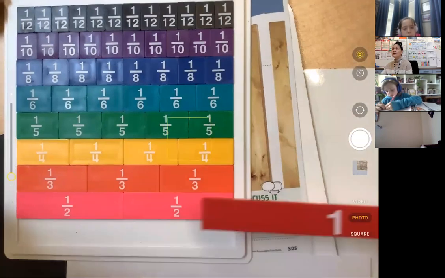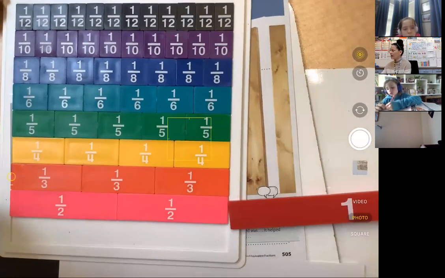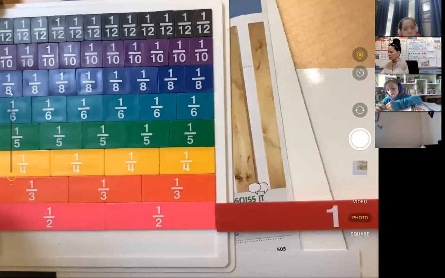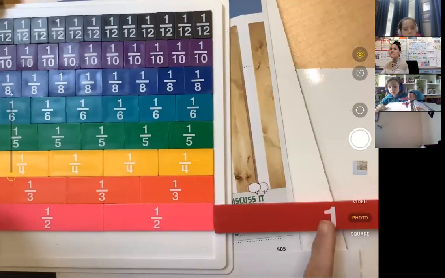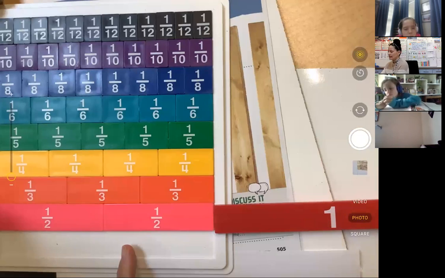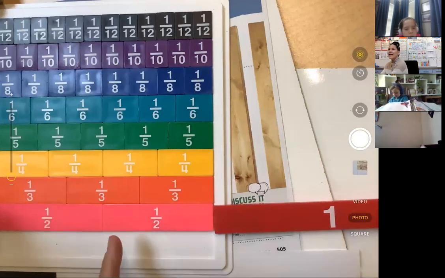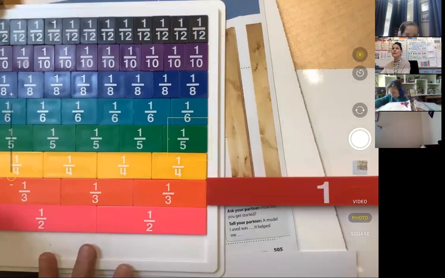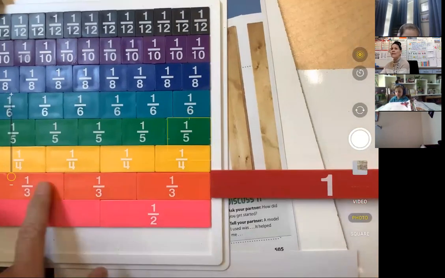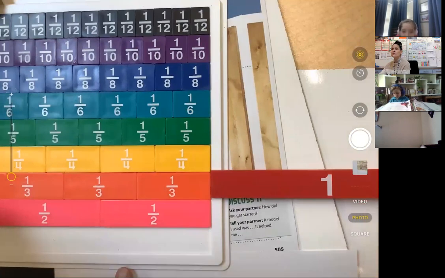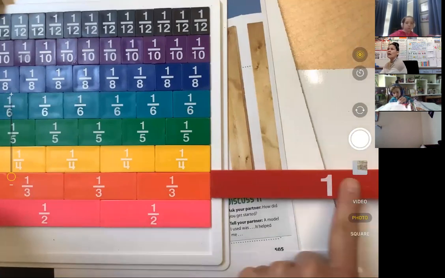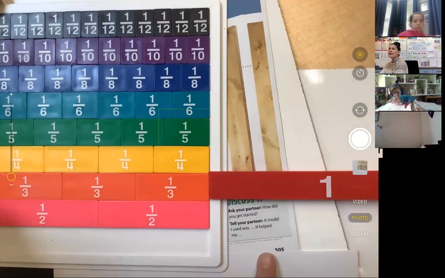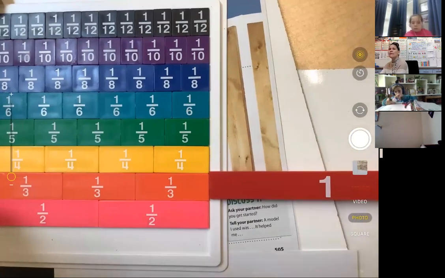We could do this and we could say, oh, okay, 4/2 is 2 and 6/2 is 3 and 8/2 is 4. We could do the same thing with thirds, for example. We could say 1, 2, 3/3 equals 1. And then we could add 3 more on, and that would be 2. And we could add 3 more on, and that would be 3.